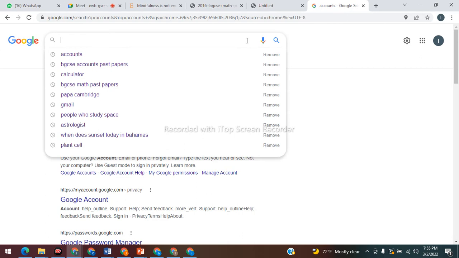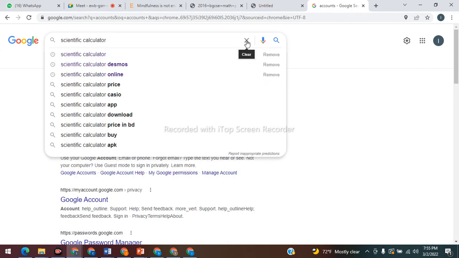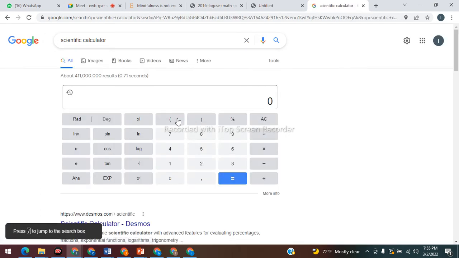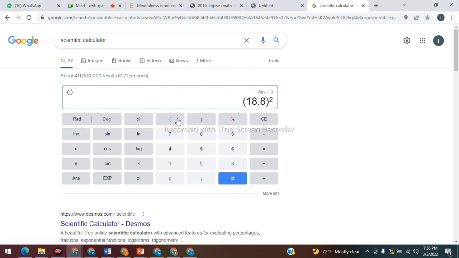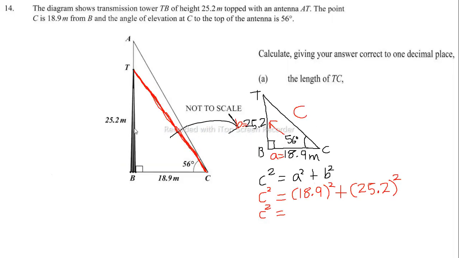So, scientific calculator. Plus 18.9 squared. What do we get for that? 18.9 to the power of 2. 343.44. That's the wrong answer, just the wrong number.